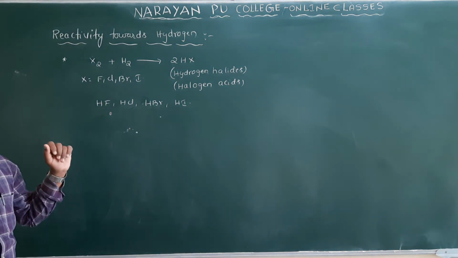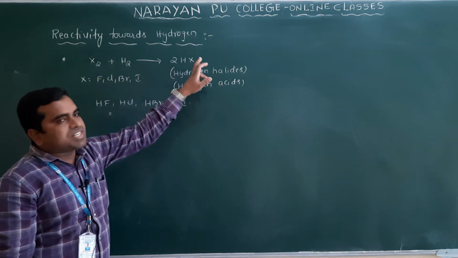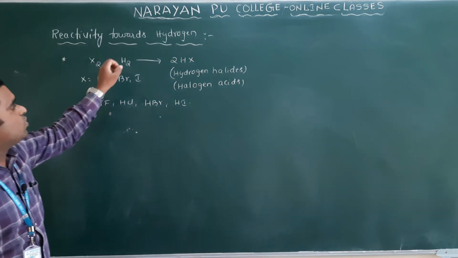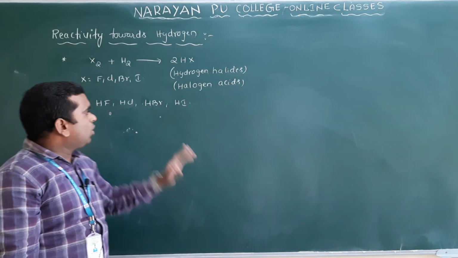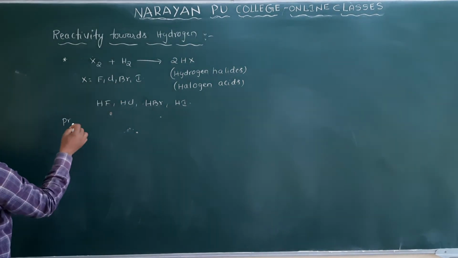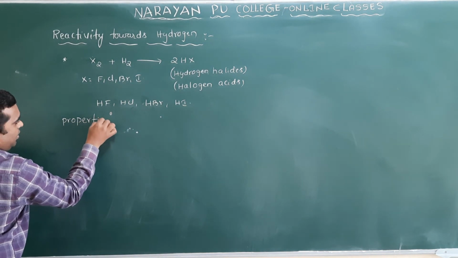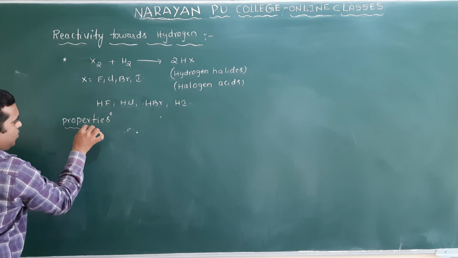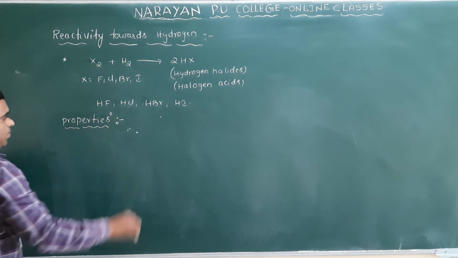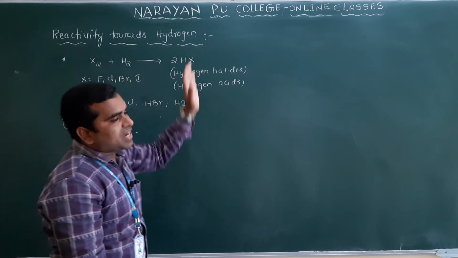We will discuss. Now they form HX type hydrogen halides. Properties are very, very important for these hydrogen halides, for the PU as well as competitive exams, mainly competitive. So properties of hydrogen halides.